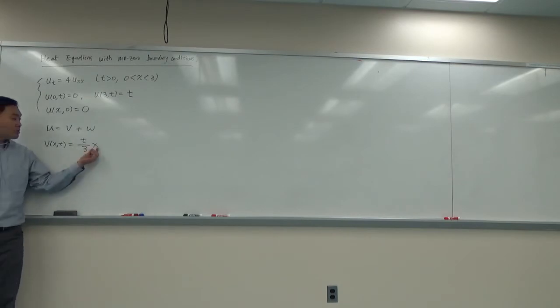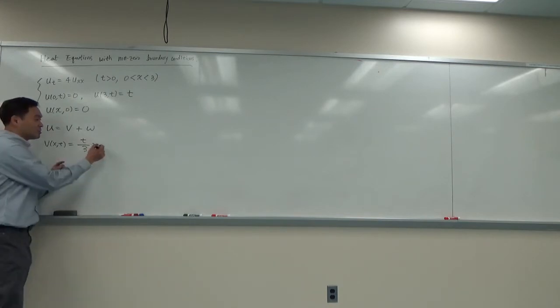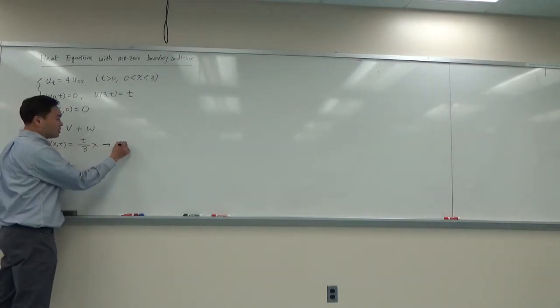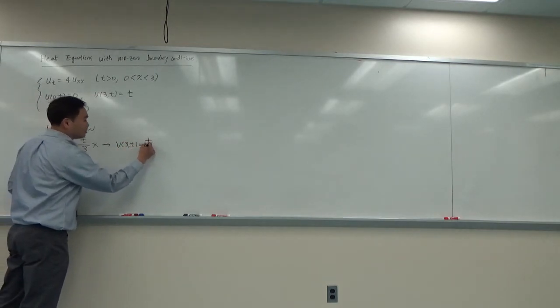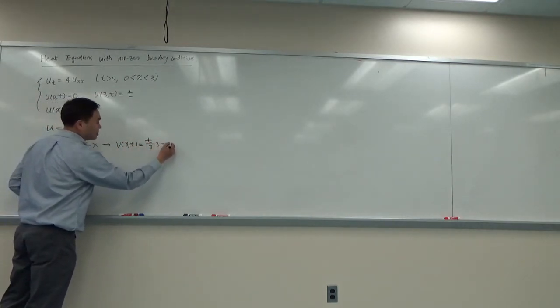So that when you plug in 0, it'll be 0, right? When you plug in 3 into x, you get t. So this really gives you v of 3t equals t over 3 times 3 equals t.